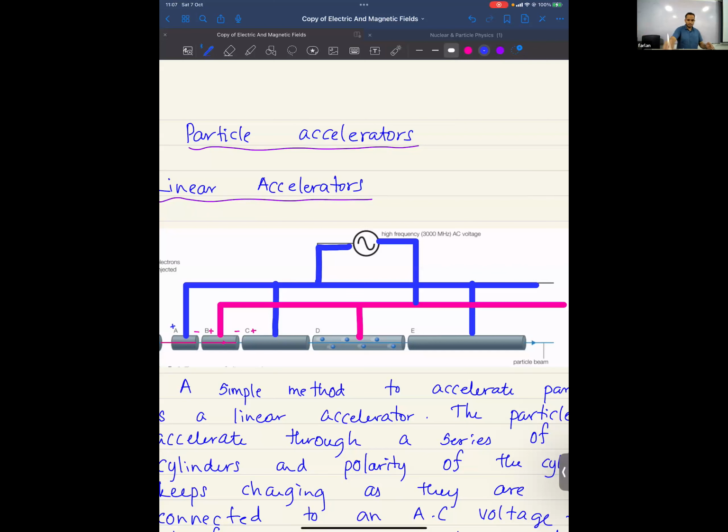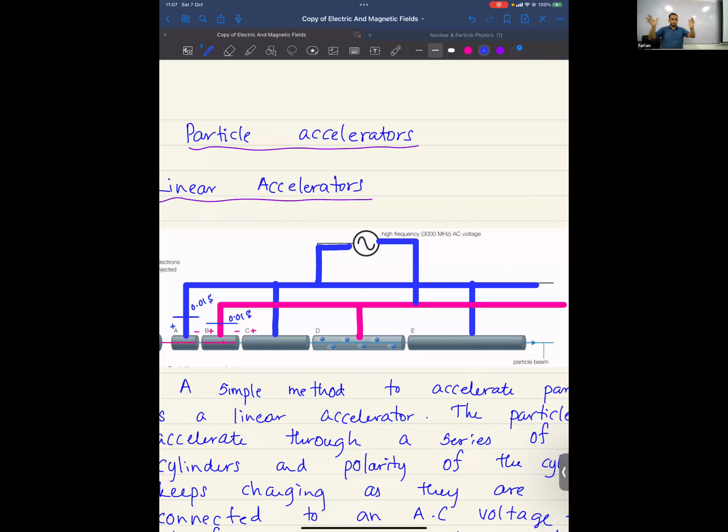Now let's say, for example, for the electron to move through the cylinder A, it took 0.01 second. To cross B also, it should take 0.01 second. Exactly the same time. But during that time, the electrons are going to travel a further distance.